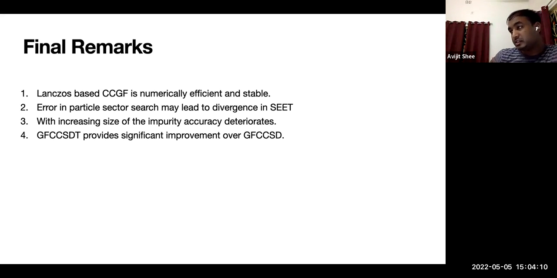Our expectation is that with increasing rank of coupled cluster, this behavior will be less pronounced. We are yet to study that, but we will probably show some numerical data for whether this problem goes away. Next is that GFCCSDT provides significant improvement over CCSD truncation. So yes, we are optimistic about this solver.